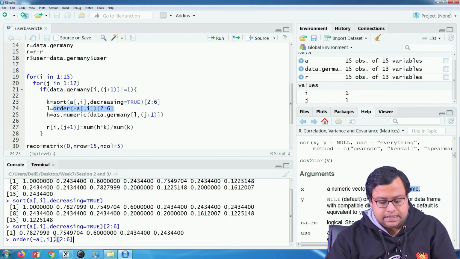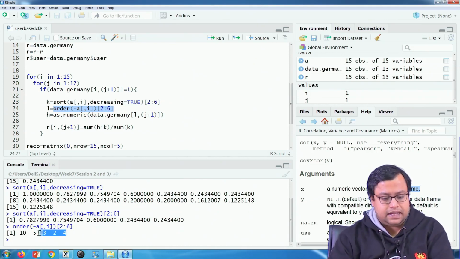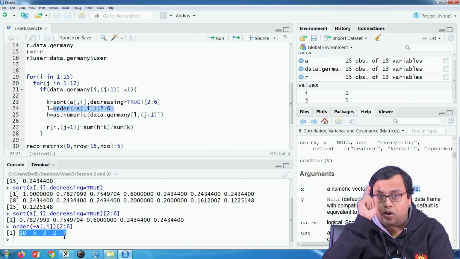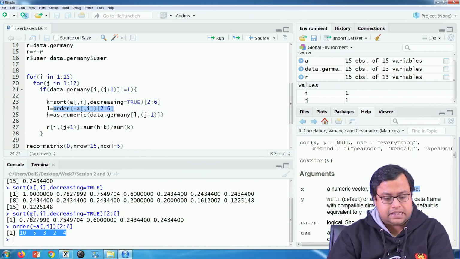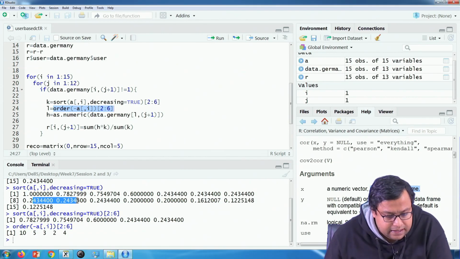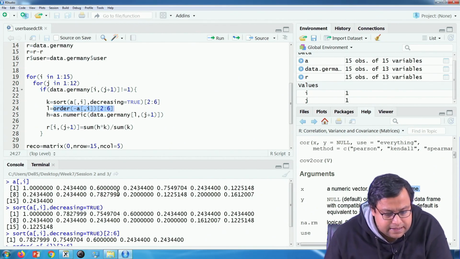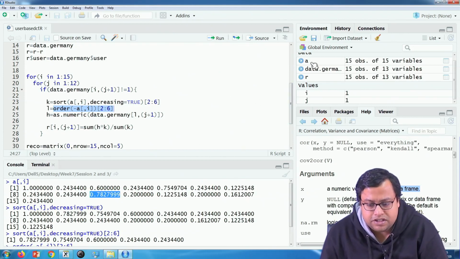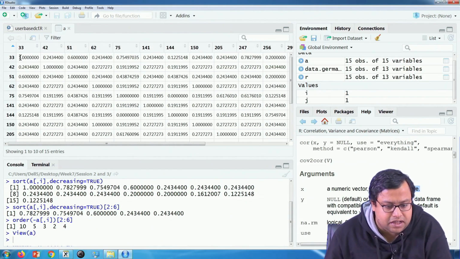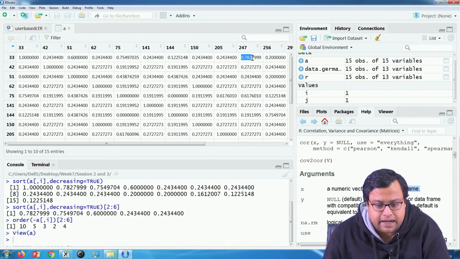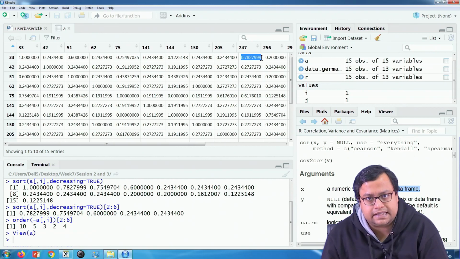So, these are the persons. This is basically A comma i, 2 comma 6, that means these are actually their corresponding column numbers. So the closest is the 10th. See, here it is written, this is the original matrix of A. If I just check this first column, the 10th column is 0.782779, which is the highest.